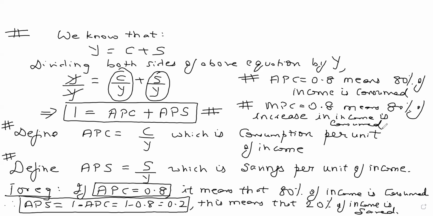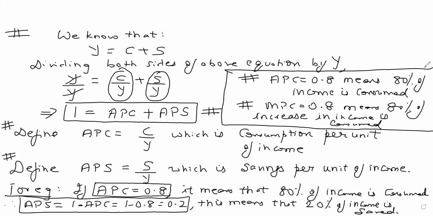So students should be comfortable with the difference between the interpretations. Remember, as economists, interpretations are very important. Students should not only be comfortable in my lectures on the math part, but you should also know how to interpret the results. Similarly, we can do this for APS and MPS.